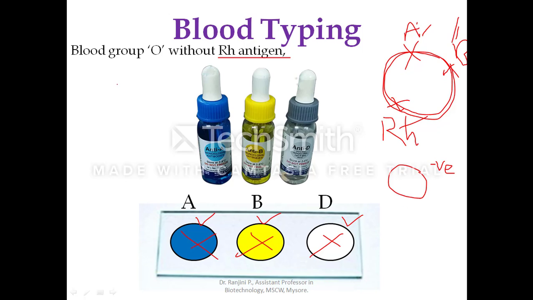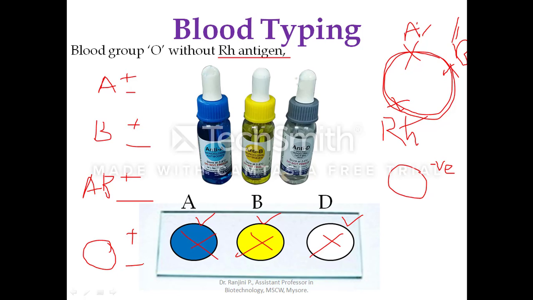So now you came to know about A positive and negative, and then B positive and negative. Next, you learnt how to identify the blood groups AB positive and negative. At last, you learned how to identify O positive and negative.